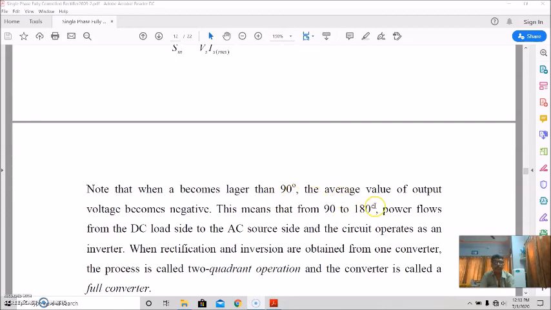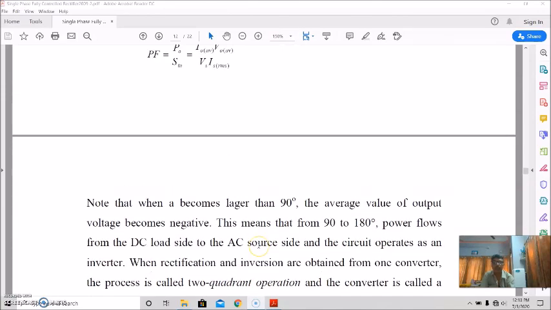When rectification and inversion are obtained from one converter, the process is called a two-quadrant operation, and the converter is called a full converter. So this is very important.